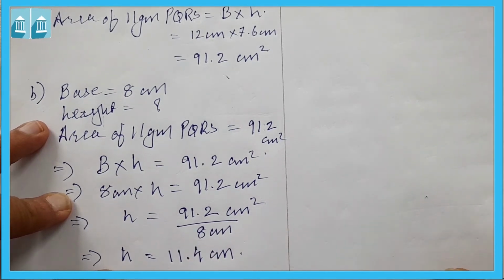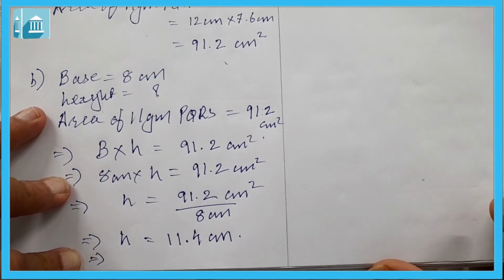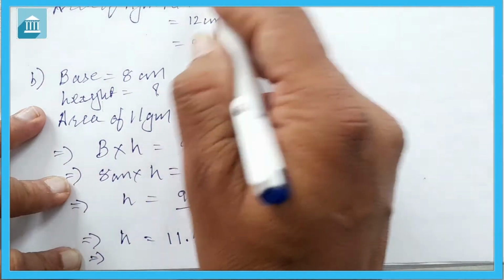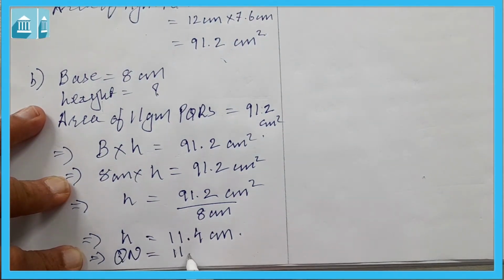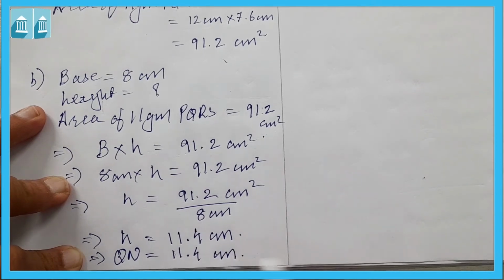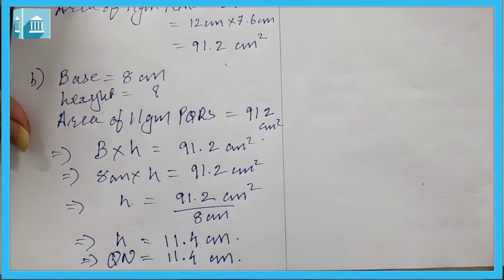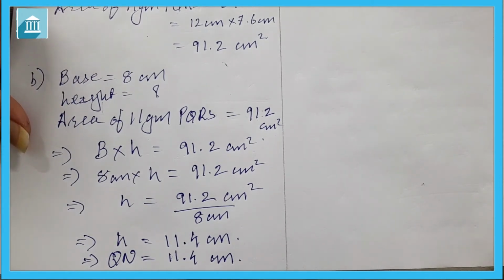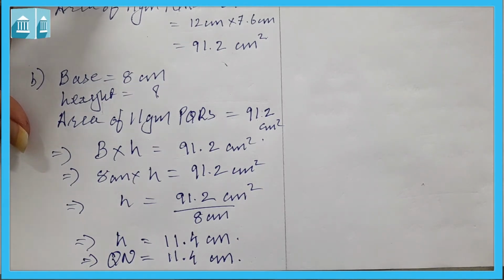So the height will be 11.4 centimeter. First we had to find out the area of the parallelogram since base and height were given. Now the area of the parallelogram is known, so we can easily find out the height.